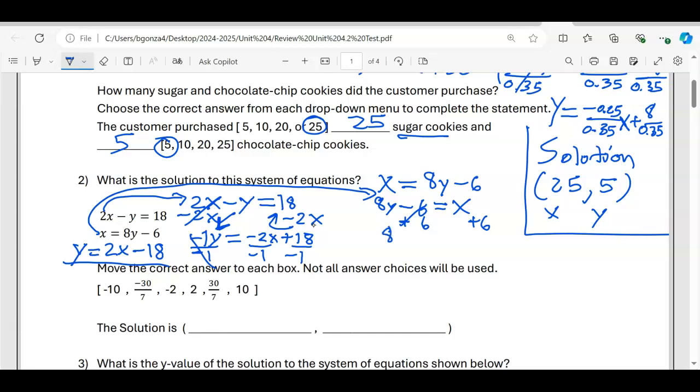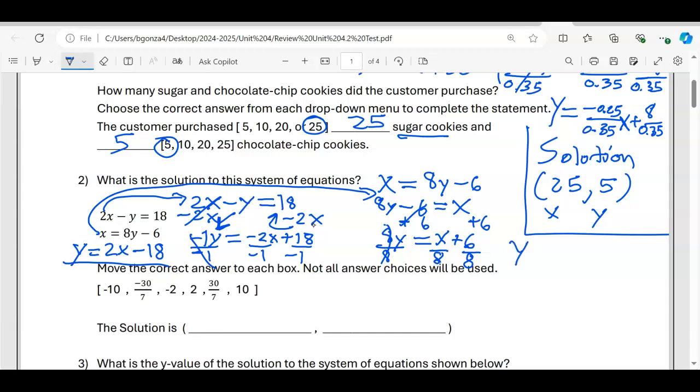So now I have 8y equals x plus 6. Last step, to get rid of that 8 in front of y, divide by 8. 8's cancel out.